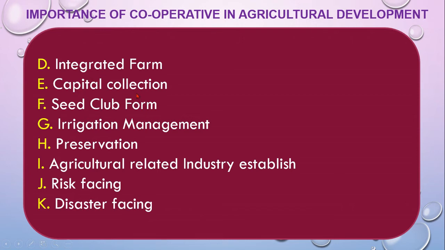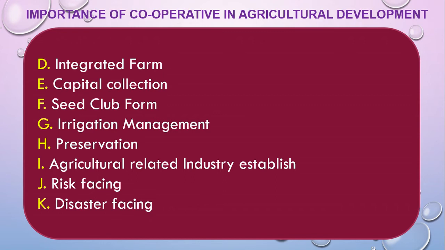Capital collection, this is important for capital collection as well. Then seed club farm, this one is important for agriculture development as well, because sometimes the collection of pure seed and the price of pure seed will hamper the production.